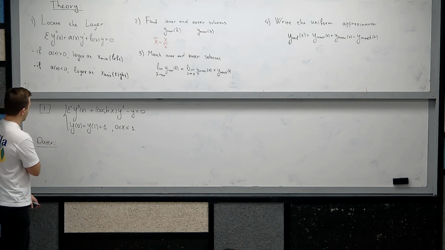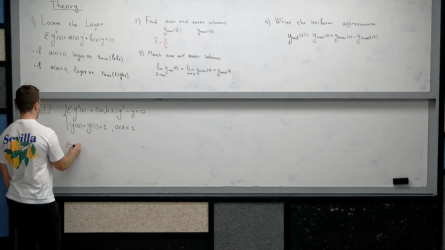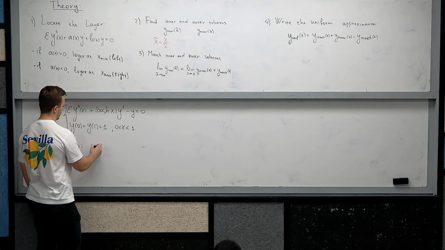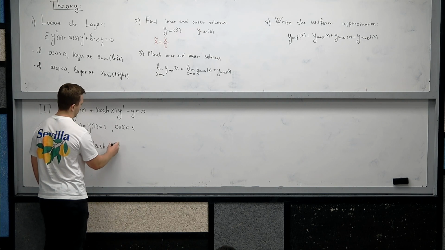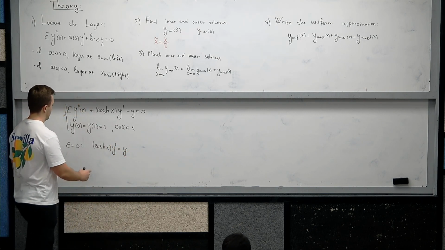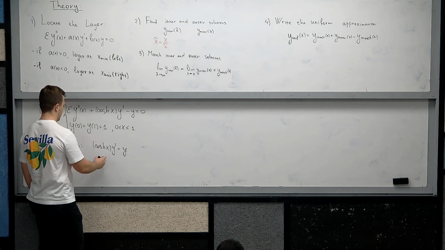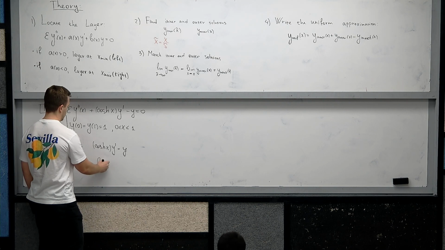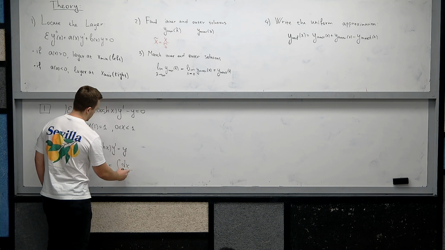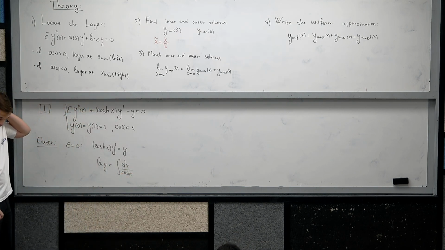For the outer solution, for the leading order, we plug in epsilon equals 0, and we end up with hyperbolic cosine times y prime equals y. Now let's integrate it. We'll have ln y equals the integral of dx over hyperbolic cosine.